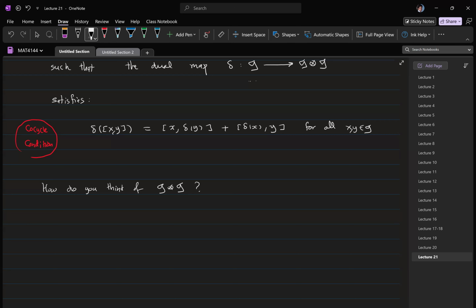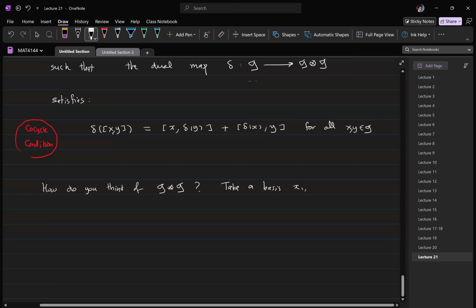So you want to think about this as you take a basis of G, say x1 to xn. G tensor G is a vector space, also over R, a real vector space, same field as G, with basis consisting of symbols xi tensor xj for all choices of i and j between 1 and n.